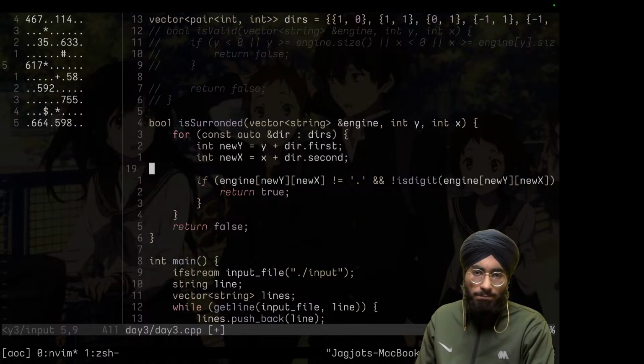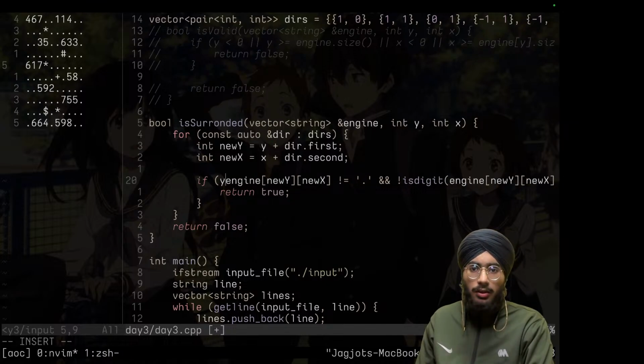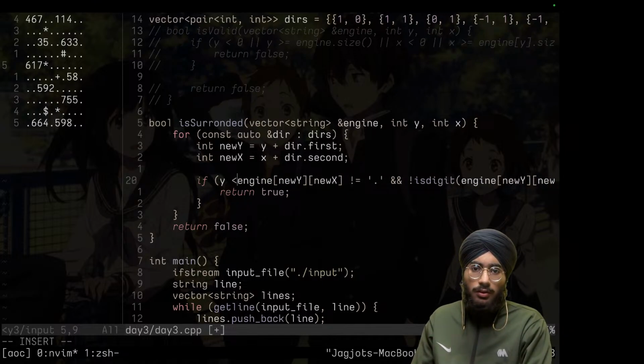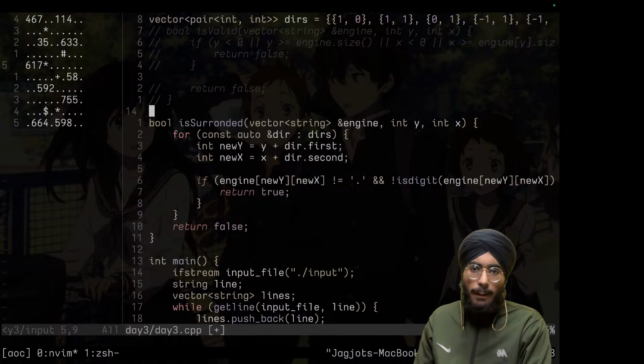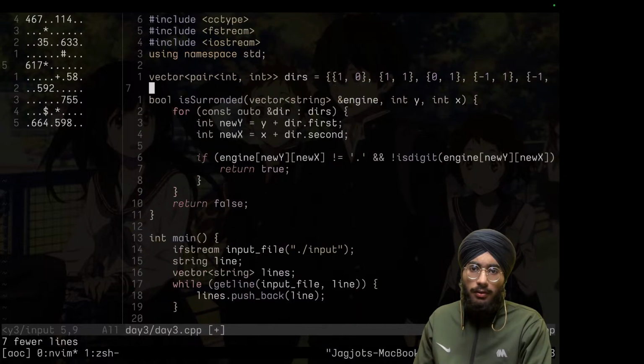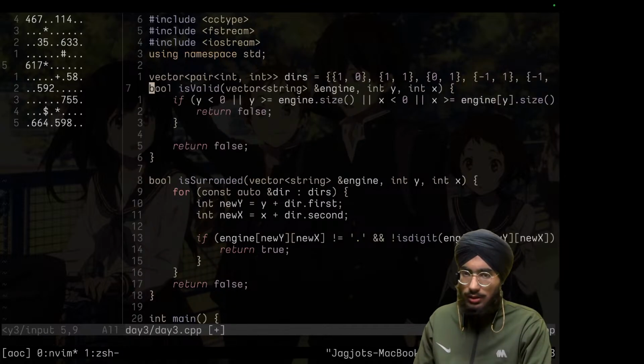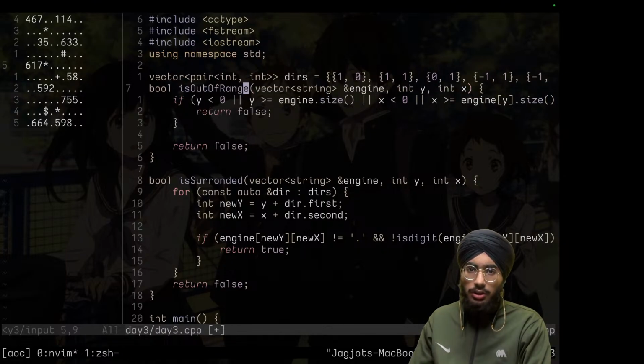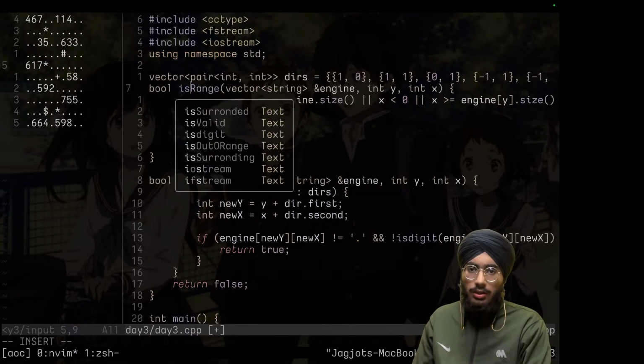Hmm, we need to check that here only. Y less than 0 or... Yeah, is valid, is out of range, is in range.